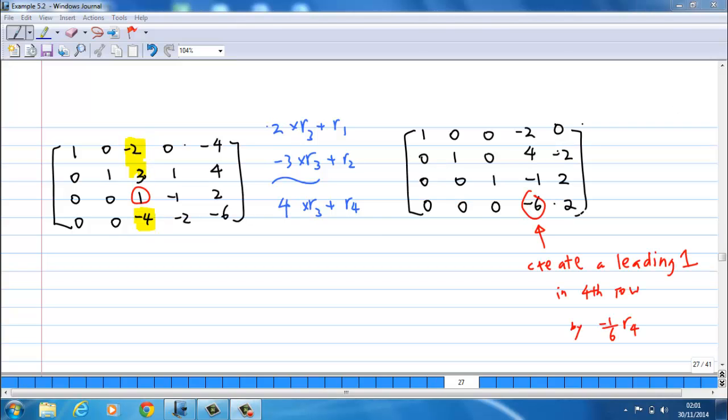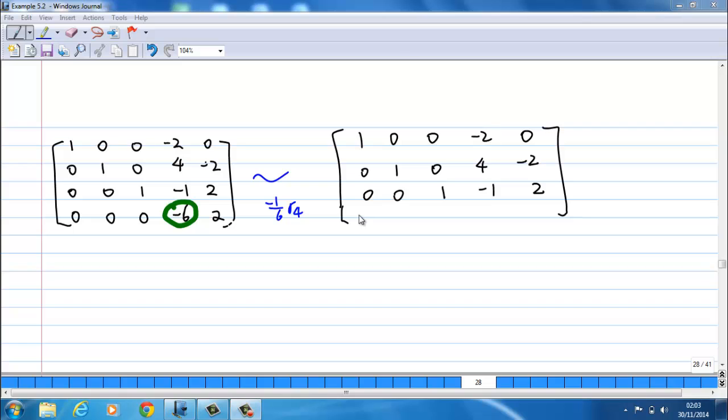Now we move on to the fourth row. The first non-zero entry in the fourth row is negative 6. We will create a leading one at this location. You can achieve this by multiplying the fourth row by negative 1 over 6.